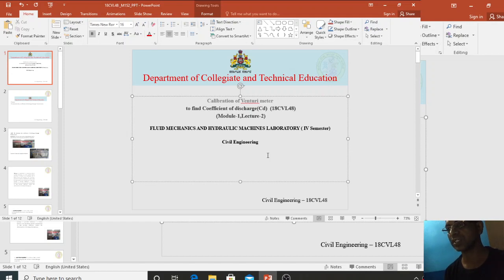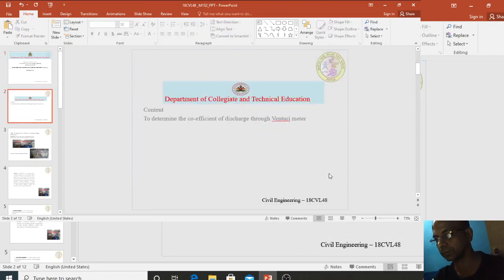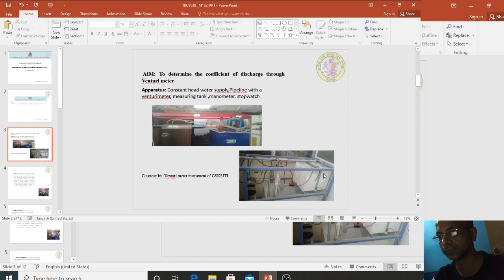So today's discussion is the calibration of a Venturi meter to find the coefficient of discharge, CD. The determination is to find the coefficient of discharge through the Venturi meter.